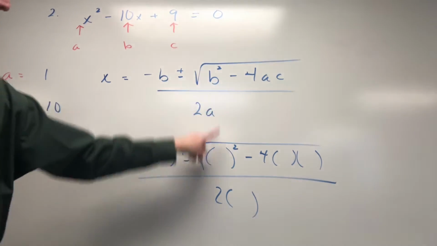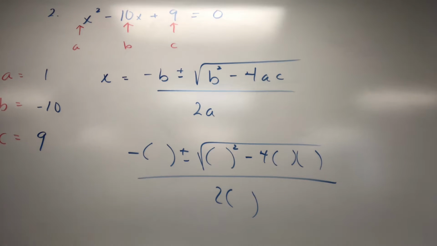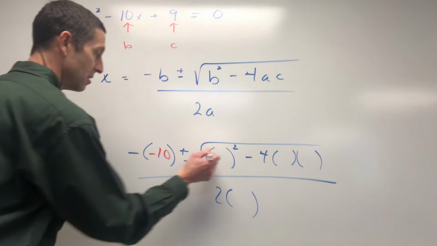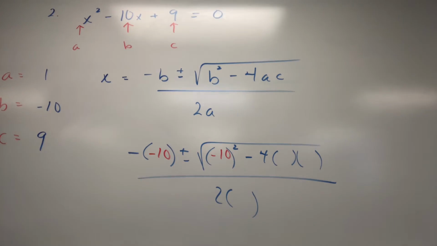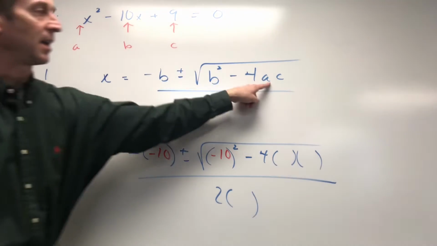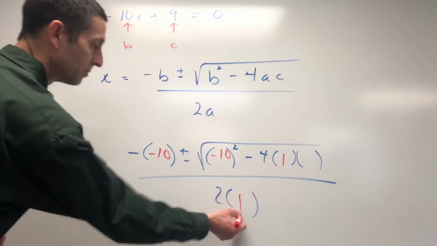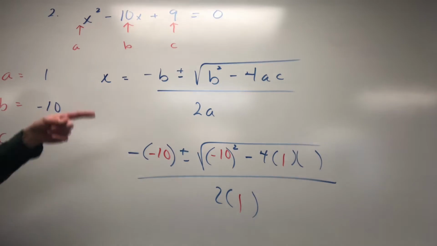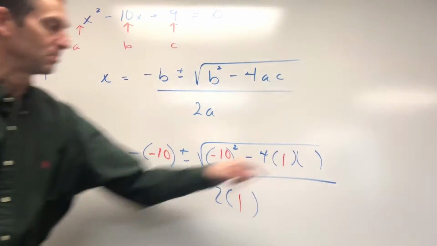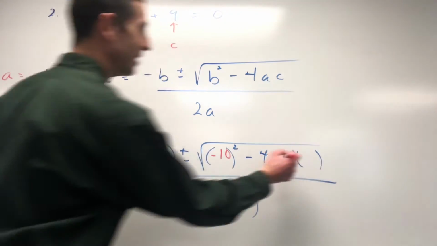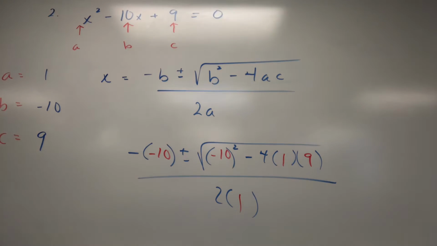So a b and a b are my first two. I'm dropping in a negative 10 on the first two spots. My a is a positive 1. There's a, got another a on the bottom. The very end down there is c. That's my c. C is equal to 9. So I plug the right numbers in the right places.